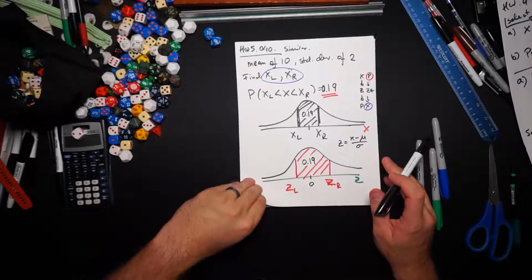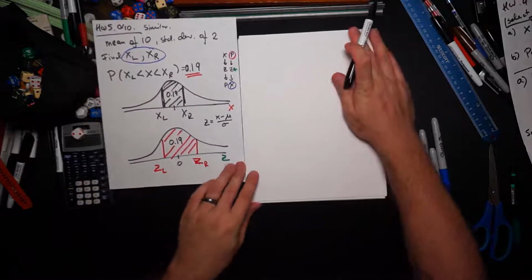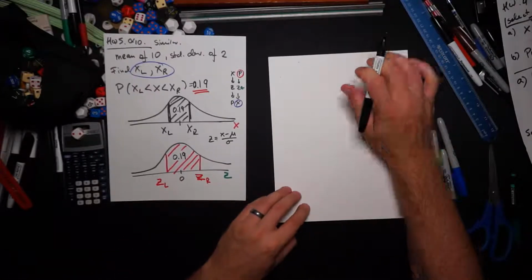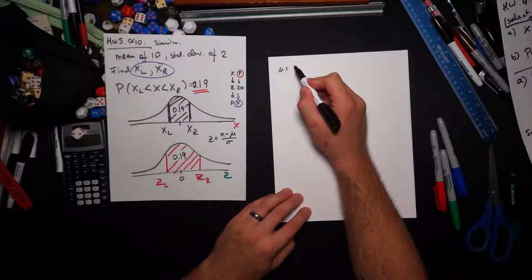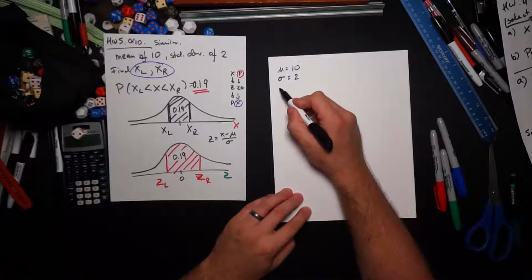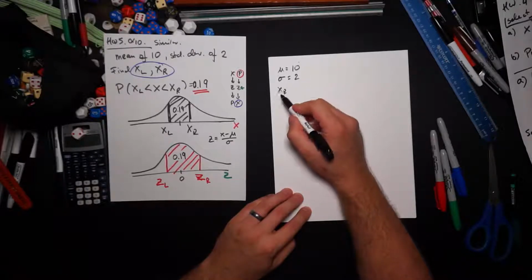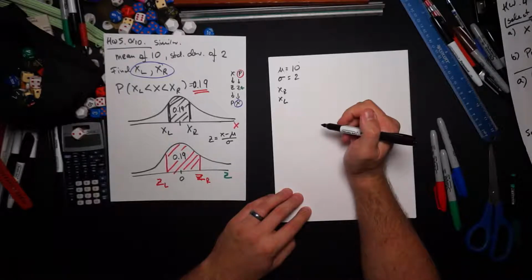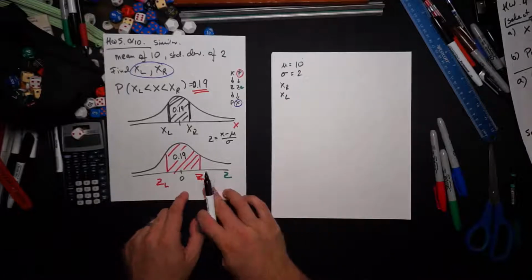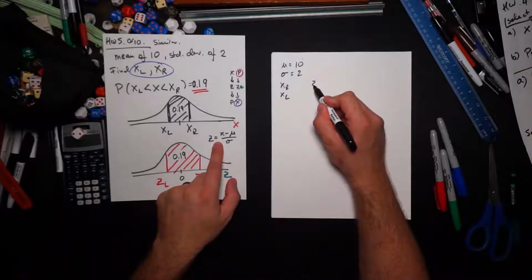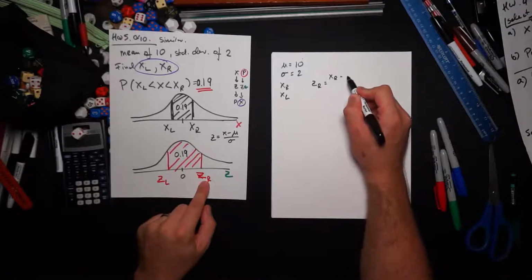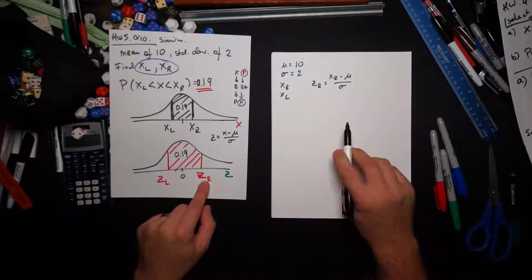Alright, so now I have this. So what do I do with this? Well, we can find those, right? Because we do have mu at 10, we do have a sigma at 2, and we have xr, xl, so we should be able to find z, right? So we go z right equals x right minus mu divided by sigma.